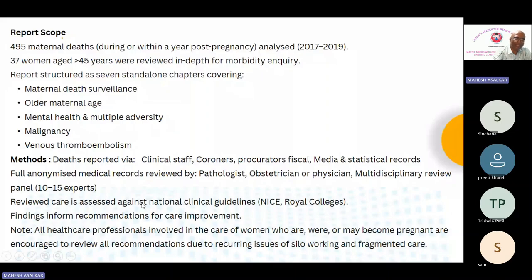Okay, and this care is then assessed against the national clinical guidelines like NICE, Royal College. So whether the care which was given was adequate and appropriate or not, that has also been assessed in this particular report. So findings inform recommendations for care improvement. Okay, and all healthcare professionals who are involved in care of women should know these recommendations.